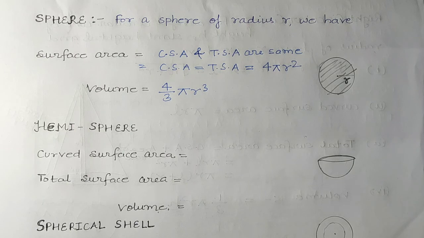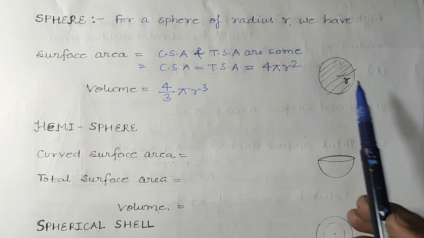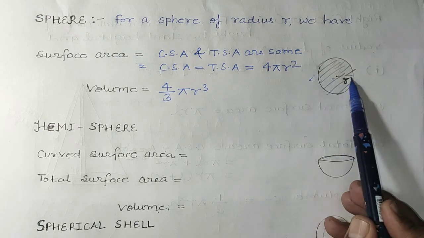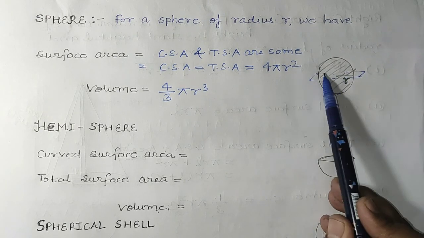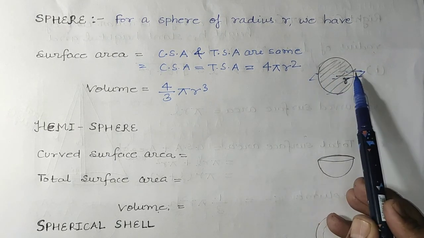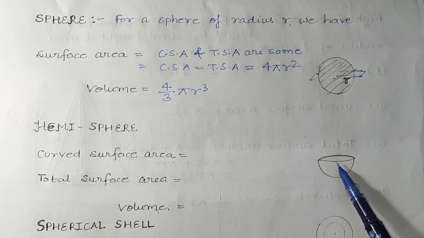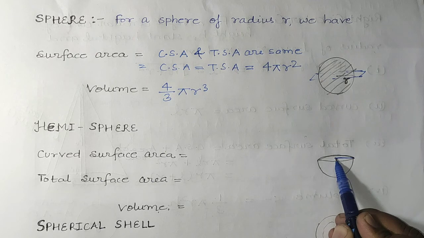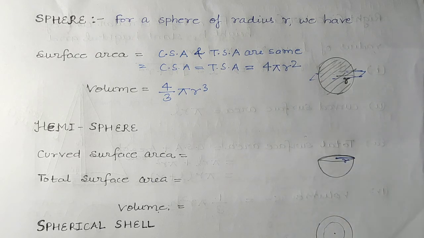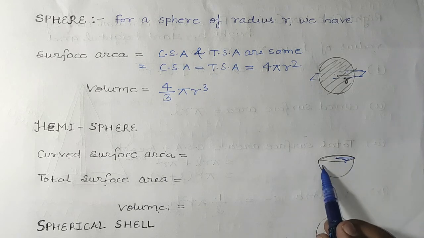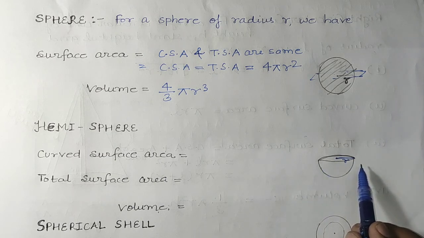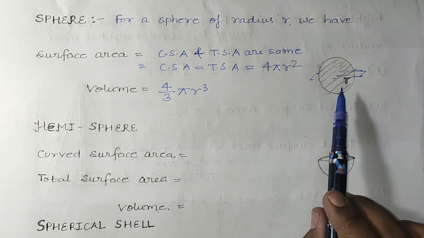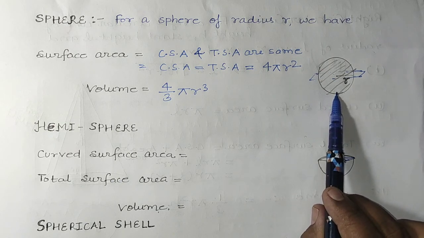Now coming to the hemisphere. What is a hemisphere? If we cut this sphere by a plane, we'll get 2 hemispheres. Suppose its radius is r. So the curved surface area of this hemisphere will be what? See, it is just half of the total sphere.